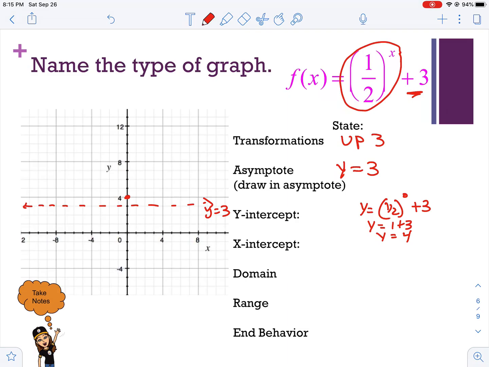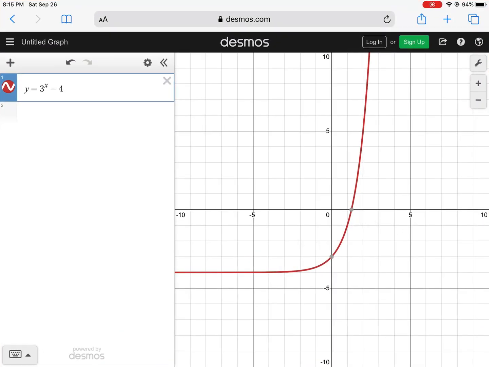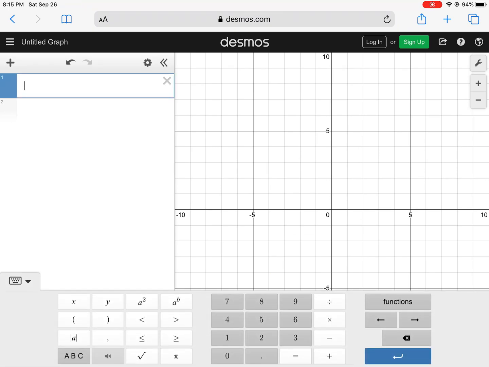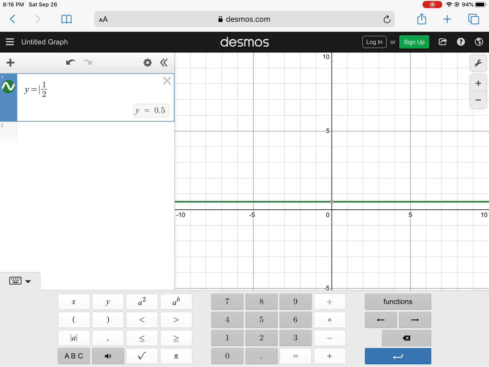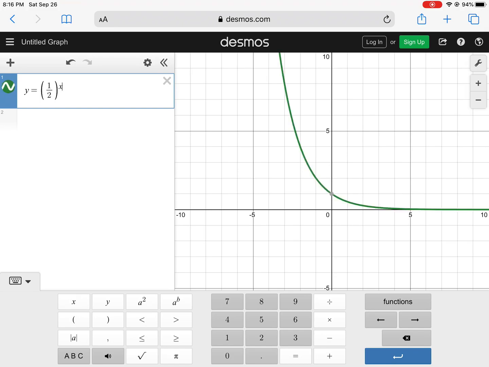Now, to get that x-intercept, we're going to go back to our Desmos, and I'm going to clear this one out, and we are going to type in parentheses, 1 divided by 2, and we'll put that to the x power and plus 3.